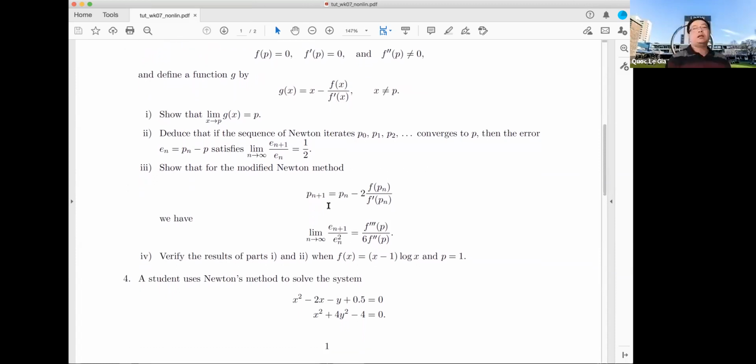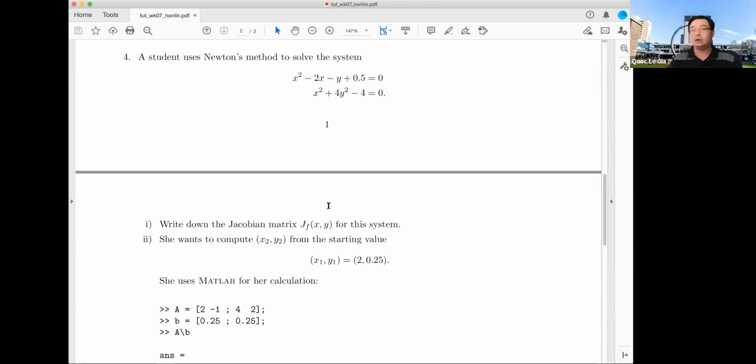Newton method for 2 equations. So let me copy down the equation, but you see the problem already, right? So let me share my piece of paper and copy down.